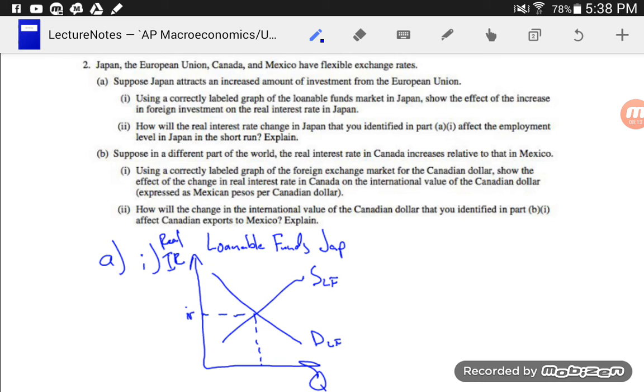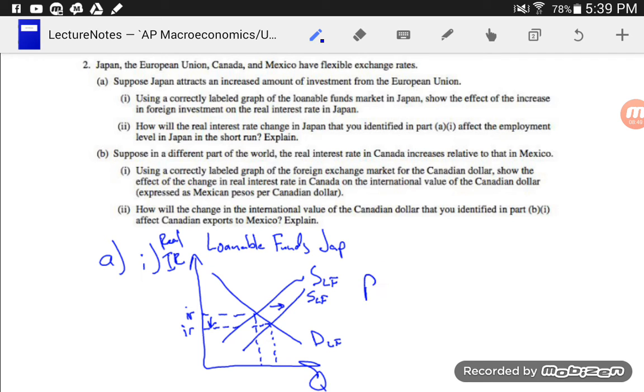Let's see, where was I? Let's see, show the effect of the increase in foreign investment on the real interest rate in Japan. Well, if there is more investment, that means there's a bigger supply of loanable funds. People are wanting to invest in Japan, so we have an increase in the supply of money being lent for investors, so that's going to drive down the interest rates.